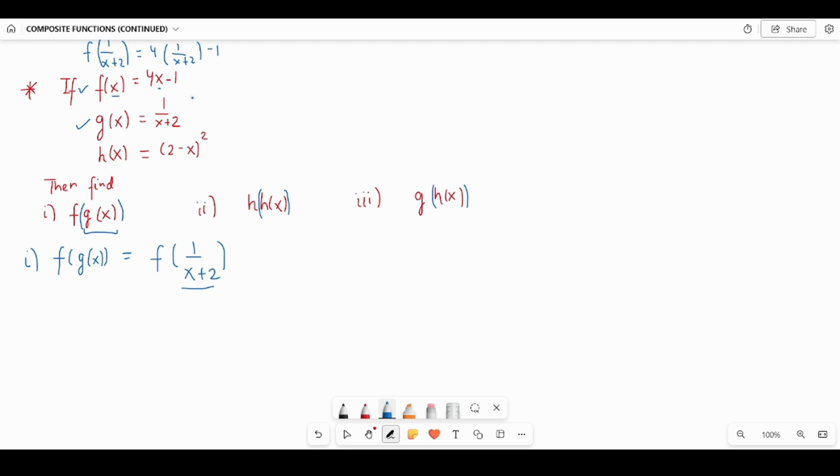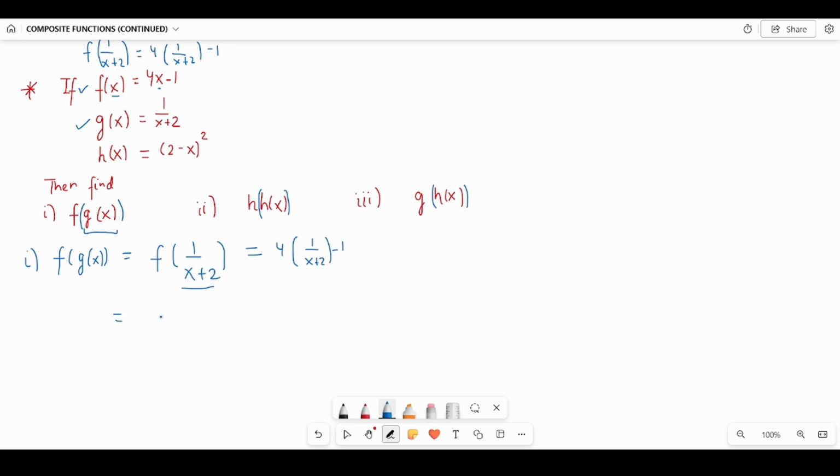So you can see here all that we have done is replacing the input x with the desired input 1 divided by x plus 2. So that means we will get f of 1 divided by x plus 2 equals 4 times 1 divided by x plus 2 minus 1.